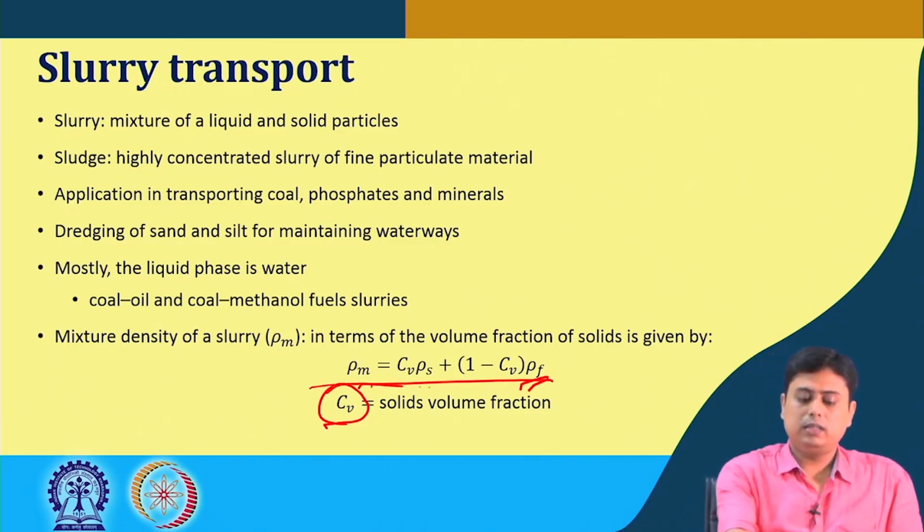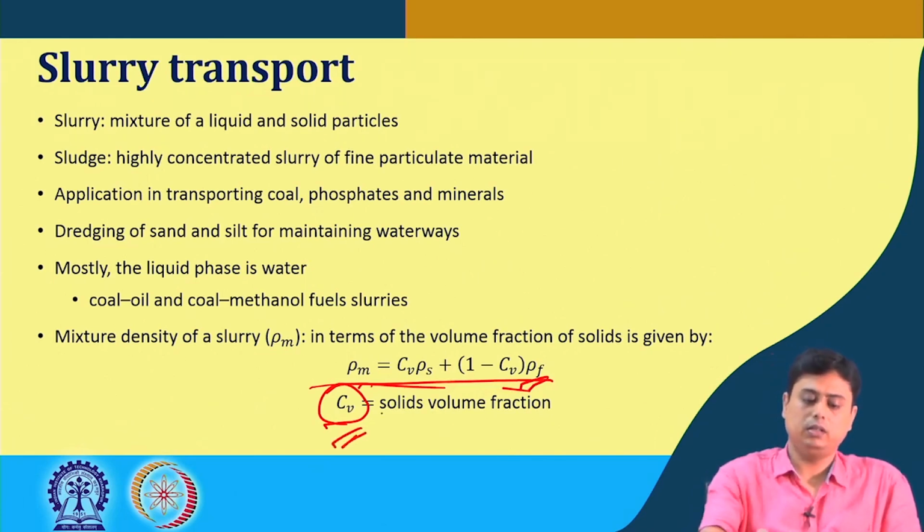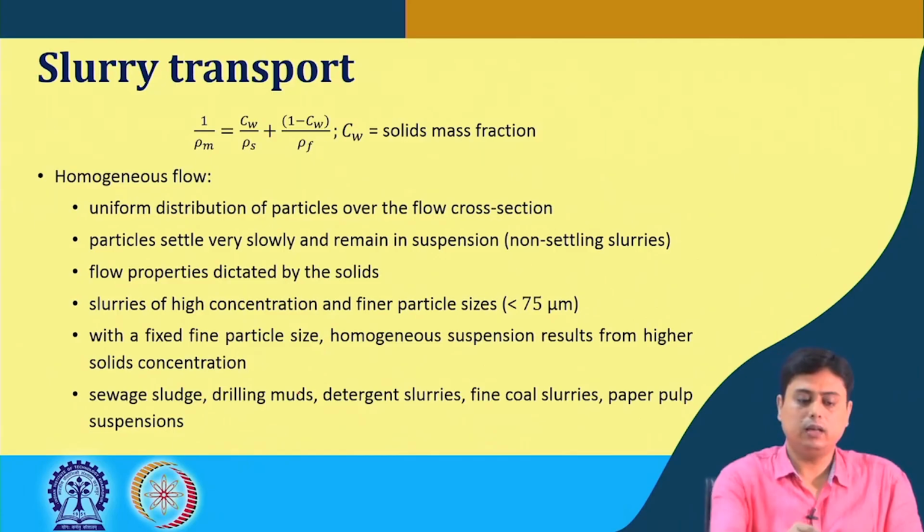So based on this expression we can find out the mixture density. In terms of mass fraction instead of this volume fraction, we can also obtain such an expression, which would look like this form.